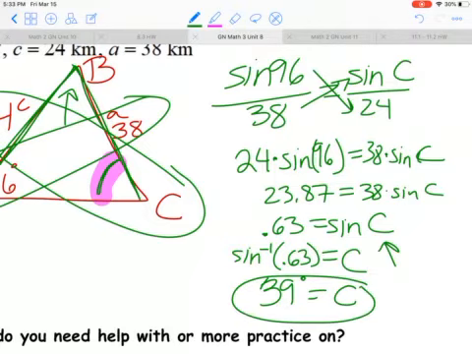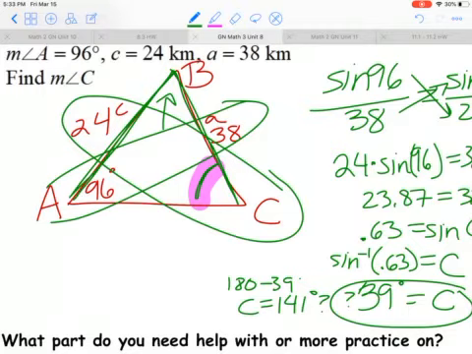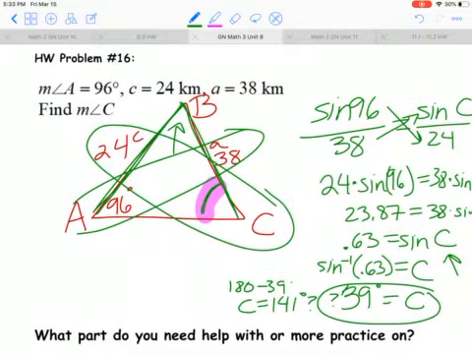That's one answer, so we know there's a triangle, and we need to see if the other answer, 180 minus that, so 180 minus 39, if C equaling 141, does it also work? So you have to look at the triangle.